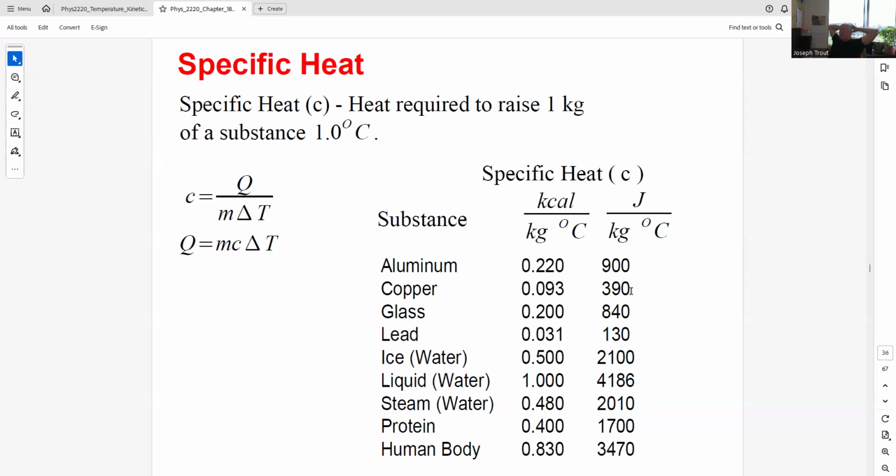So it doesn't take much heat to raise the temperature of aluminum or copper, and that's why we make our pans out of aluminum or copper. A lot of times they'll use aluminum because it's cheaper, and then coat it with copper because it has a lower specific heat.